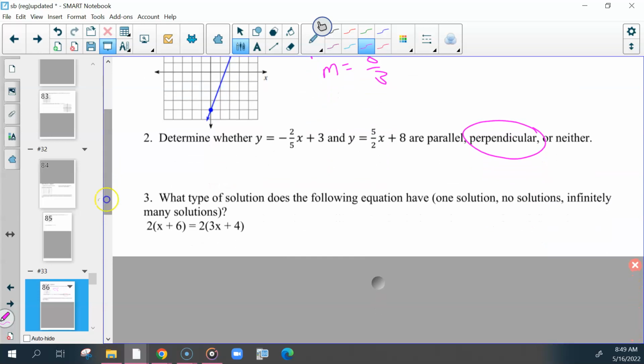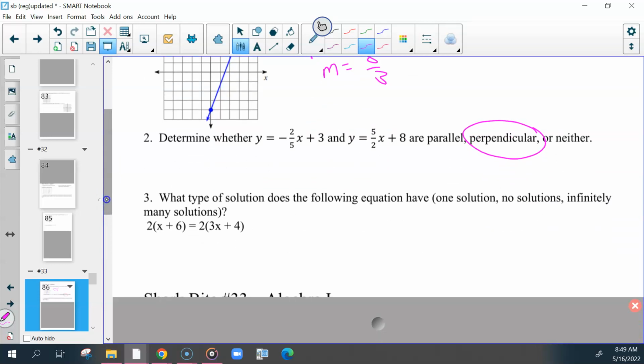For number 3, we needed to solve this to determine if it had one, none, or infinitely many. As you started to distribute, you would get 2x plus 12 and 6x plus 8. From this, you should be able to determine if this is one, none, or infinitely many.